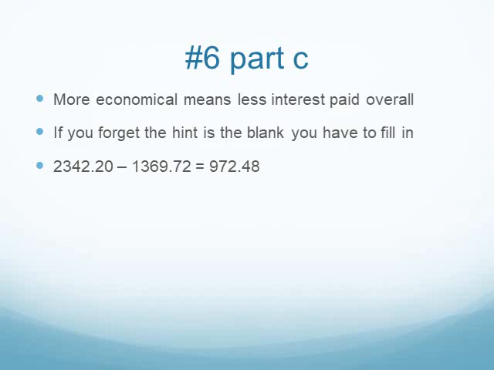You would save $972.48 by choosing the option from part A, which is the fewer years, because it would be less interest, which in other words is less money overall, which makes it more economical. Okay, that ends number 6.